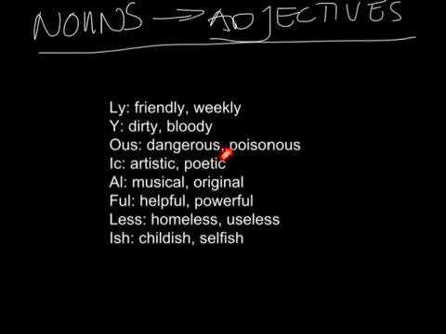Danger becomes dangerous by adding ous. We'll take actually this one. Poet, the noun poet becomes poetic as an adjective. Music becomes musical as an adjective. Help, helpful. Home is the noun, homeless is the adjective. Child is the noun, childish is the adjective.